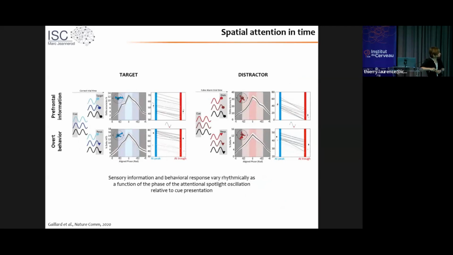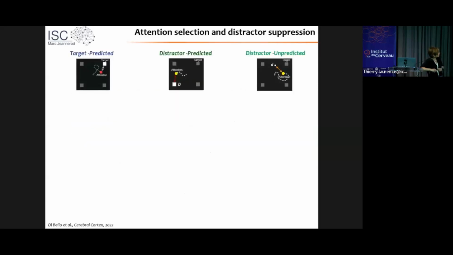What this means is that depending on when the stimulus is presented along those phases, either the prefrontal cortex is correctly perceiving the sensory event, or is actually blind to these sensory events.